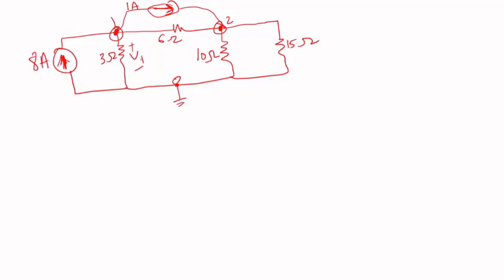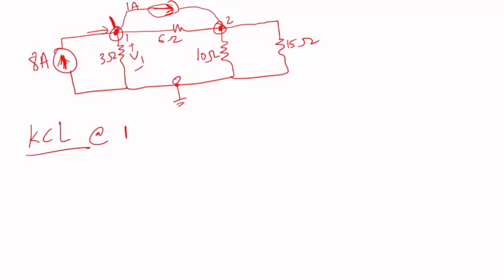So if I do a KCL at junction 1, which is this one here, I'm going to take current going in as negative and current going away as positive, because you see the 8 amp is going in.